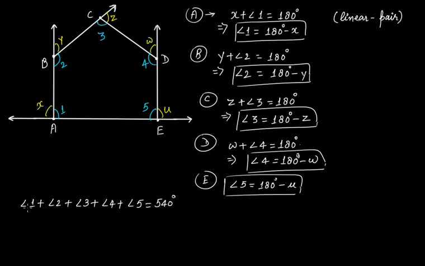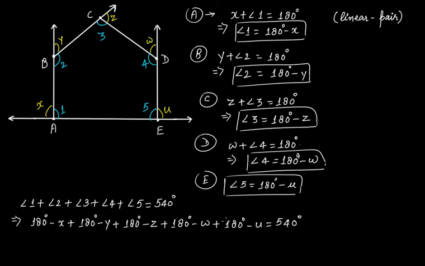And if you put the value of angle 1 from here, you get 180 degrees minus x. Then for angle 2, this is 180 degrees minus y. For angle 3, it is 180 degrees minus z. Angle 4 is 180 degrees minus w plus 180 degrees minus u. This is equal to 540 degrees.